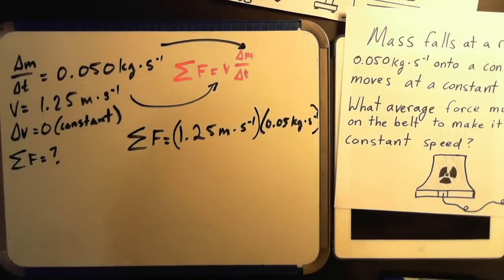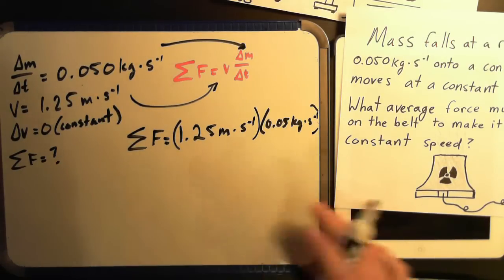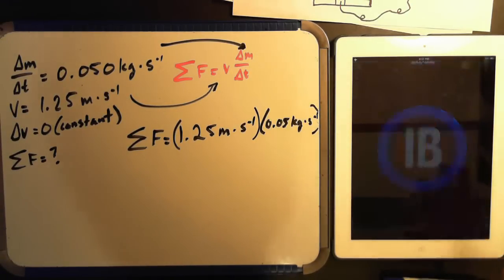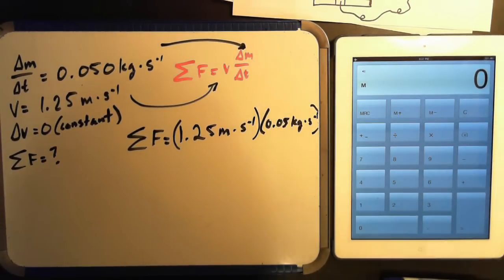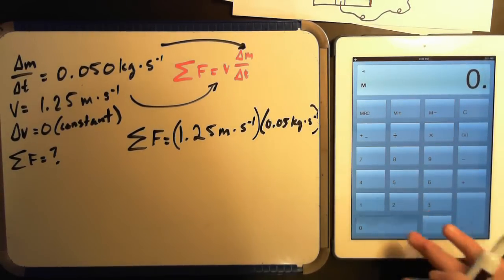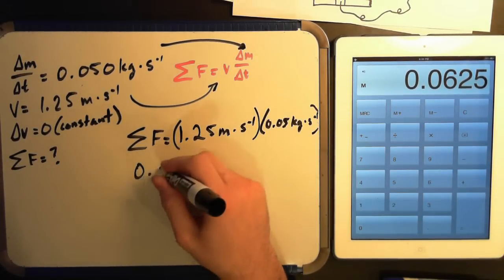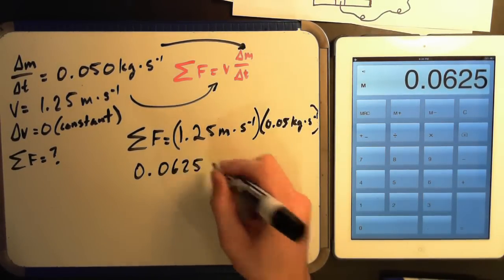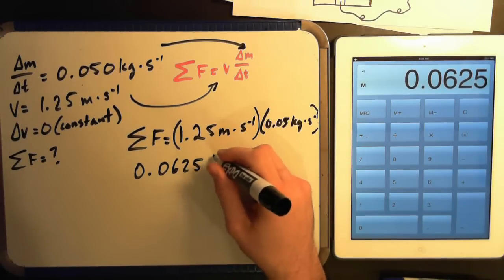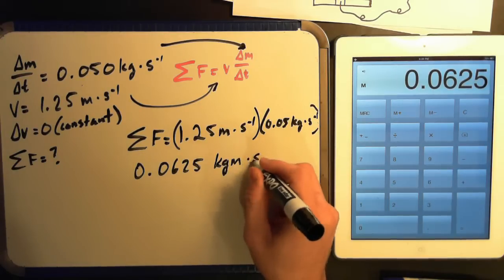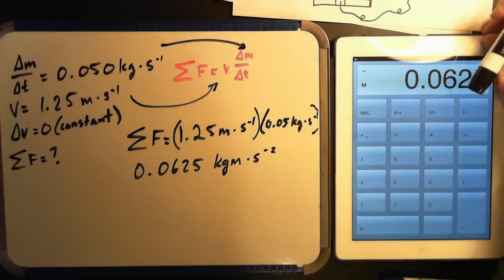Sorry about hit the edge there. But nonetheless, we can just put this in our calculator. It's a really easy problem once we've kind of gotten through that time issue. So 1.25 times 0.05 equals 0.0625 kilograms times meters per second squared.